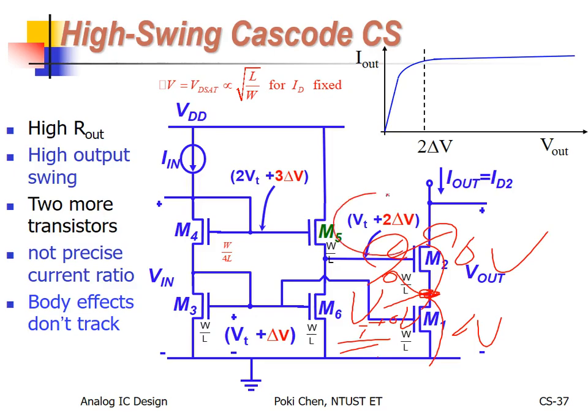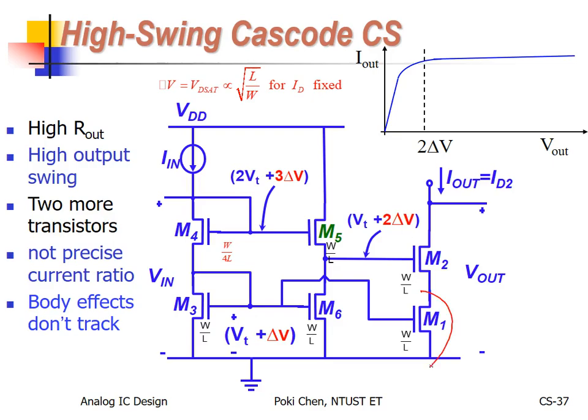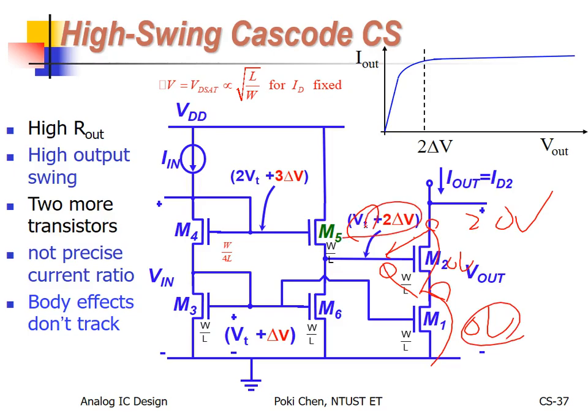So you get exactly the same, right? Perfect. Delta V, another delta V, so it means 2 delta V here, right? So from drain to gate, 1 VT higher. How about the source? From the source to the gate, 1 VT, 1 delta V higher, but the source is already delta V, right? So you still get the same. Congratulations, that's it.